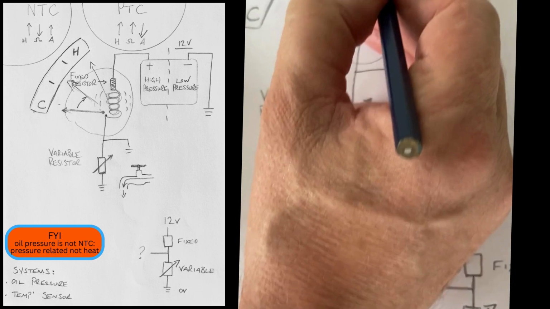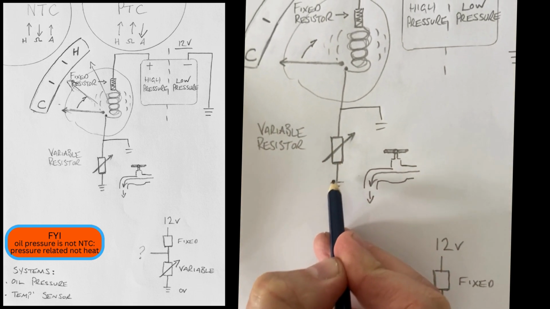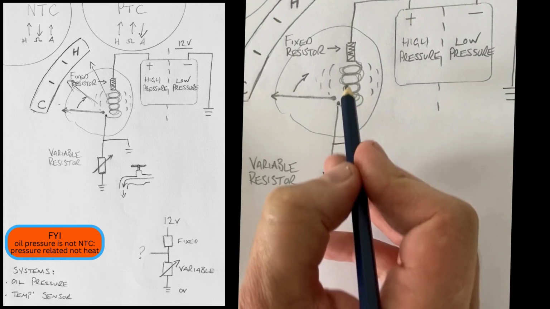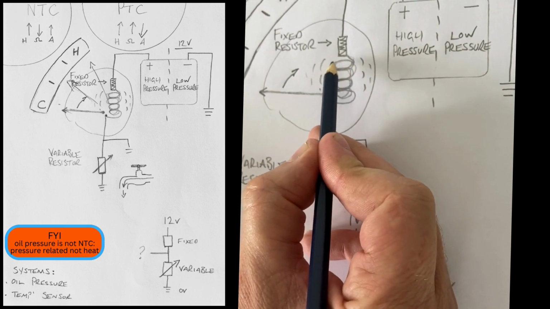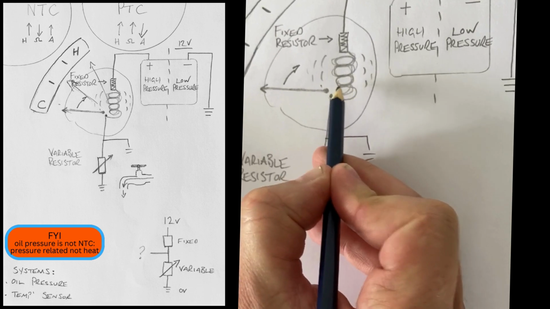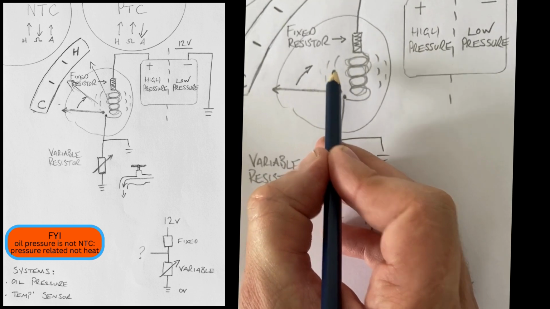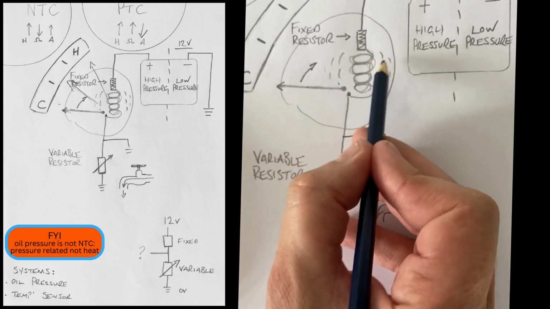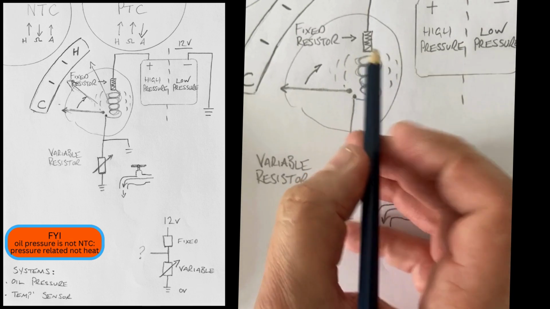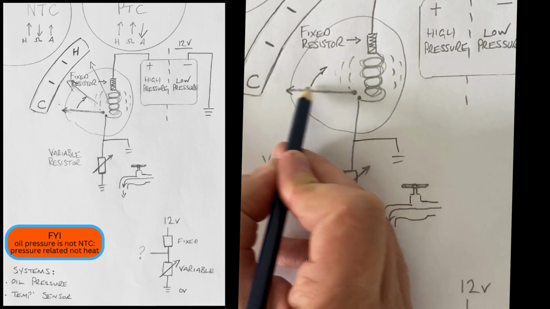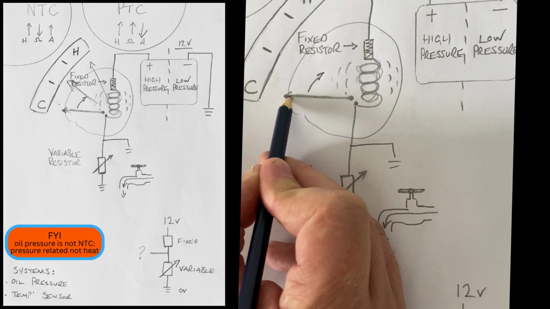It's just allowing little bits of electricity through, going to ground, which means that the current going through this winding is very low. So the magnetic field that it creates, just like in our rotor in the alternator, is also very low.